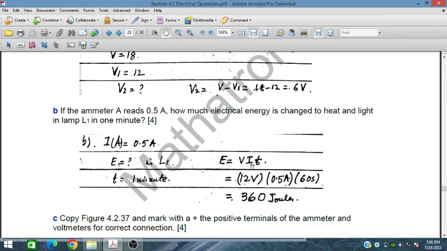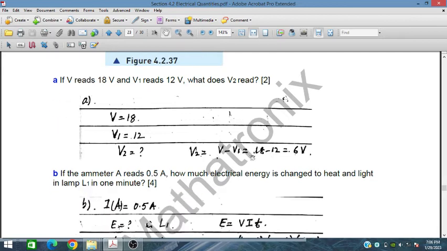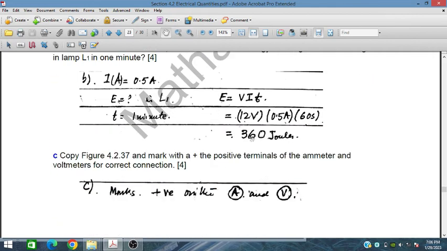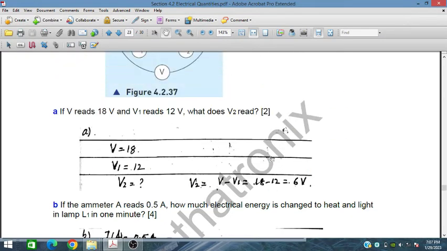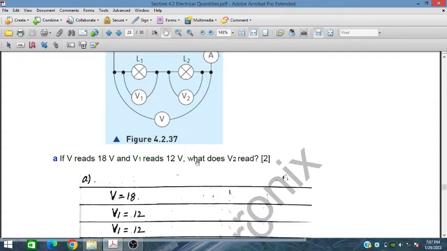Energy is equal to V into I into T. The voltage across lamp L1 is 12 volts, current is 0.5 ampere, and time is 1 minute, that is 60 seconds. So 12 volts times 0.5 ampere times 60 seconds is 360 joules. So 360 joules of energy will be utilized here.